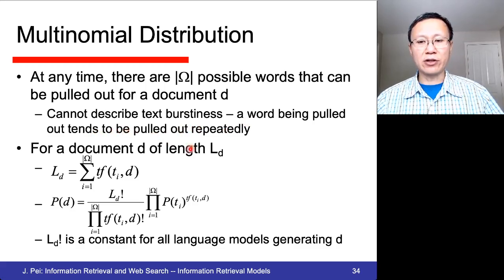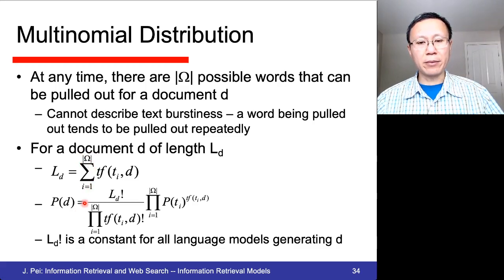So then, for a document D of length L_D, we can calculate that L_D equals the sum of the term frequency of term T_i in D, with i from 1 to |Ω|.